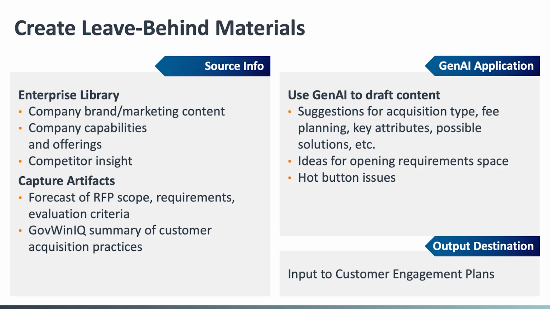So what we can do with GenAI is create leave behind materials. So again, you have your enterprise library with company content in it, company capabilities, whatever competitor insight you might have acquired in the past. You have again your forecast of RFP scope we've talked about. You can use GovWin IQ now on the Deltek website to start gaining deeper understanding of how the customer buys.